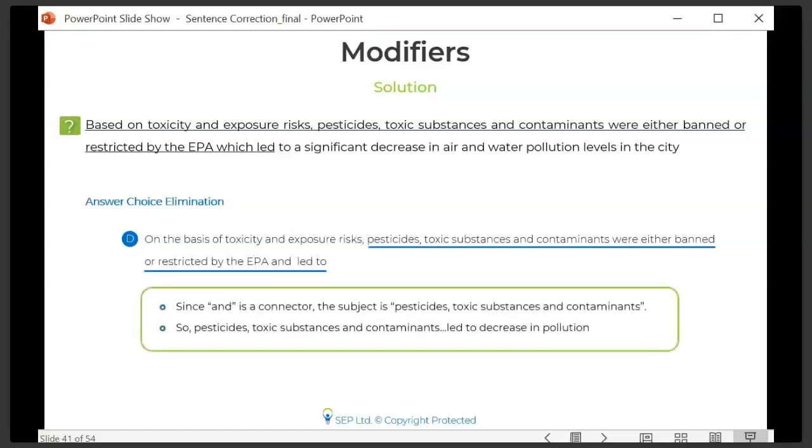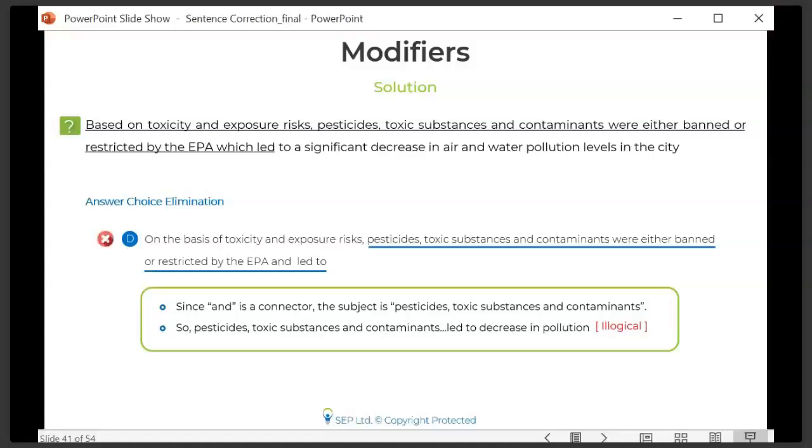Since and is a connector and the subject is pesticides, toxic substances and contaminants, what meaning we are conveying here is pesticides, toxic substances and contaminants led to the decrease in pollution. Now, that did not lead to a decrease in pollution. The pesticides did not lead to a decrease in pollution, and therefore it is illogical and of course different from the intended meaning, and therefore it is incorrect.